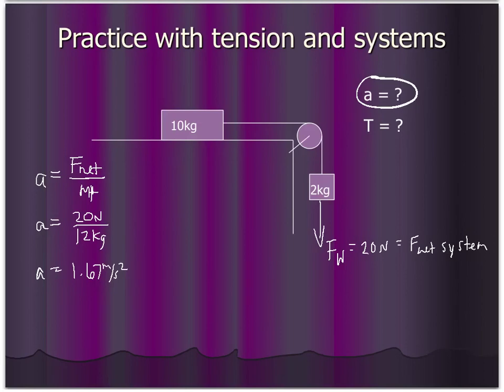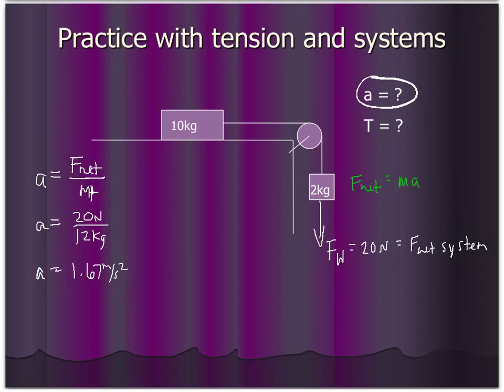Now, I know that the F net can be calculated for this box by taking its mass times the acceleration.